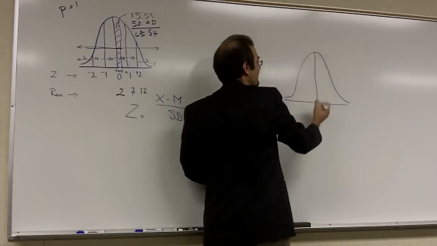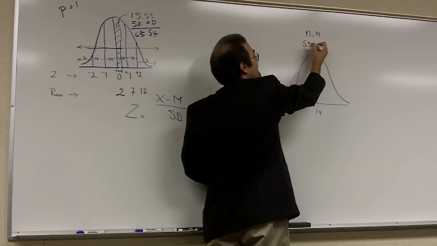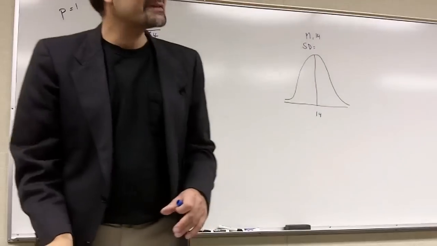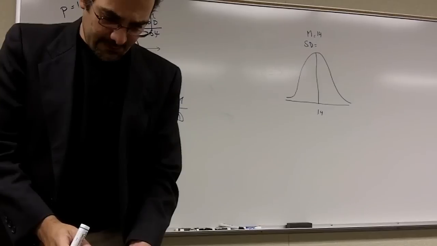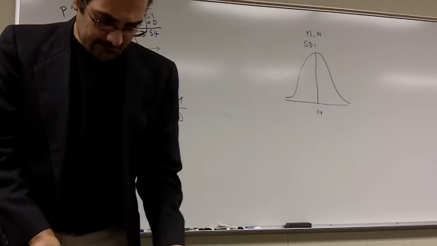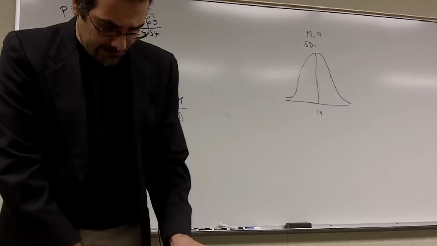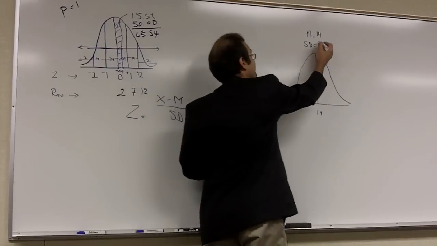The mean was 14, and the standard deviation was what? You remember? It's in the next chapter. 7, was it? No, not 7. What was the next chapter? 14. The standard deviation was 3. So standard deviation of 3.